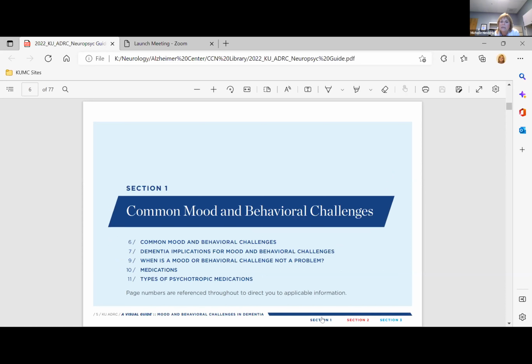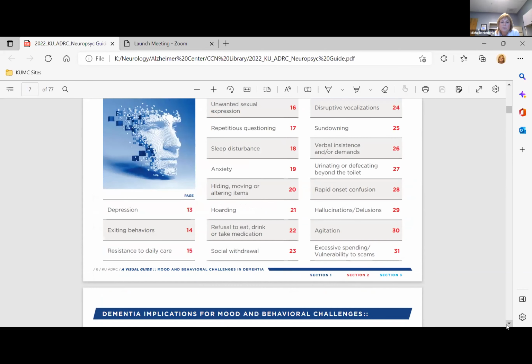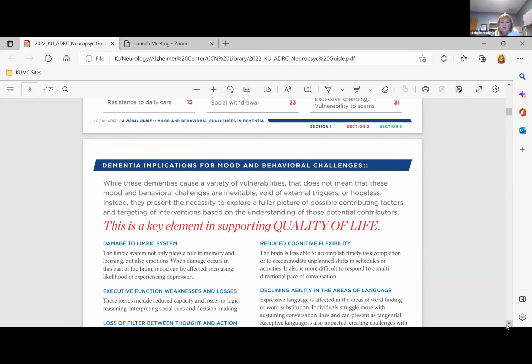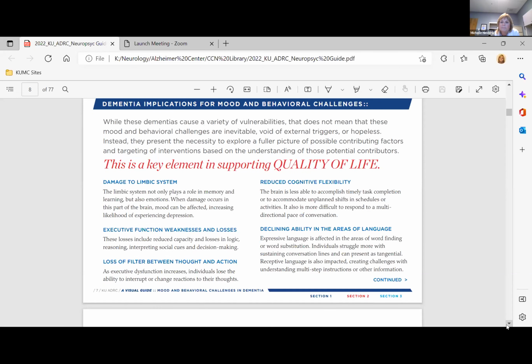So here's all the section 1 again, the mood and behavioral challenges. Key in that will be this page 6, but it also looks at some fundamental information. So why is it that we have vulnerabilities? And we look at some of those issues in dementia that cause those vulnerabilities. Why is that important?